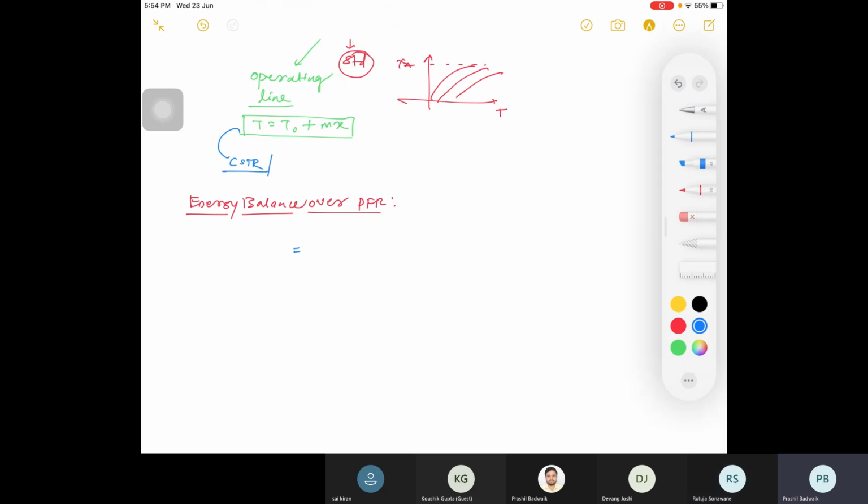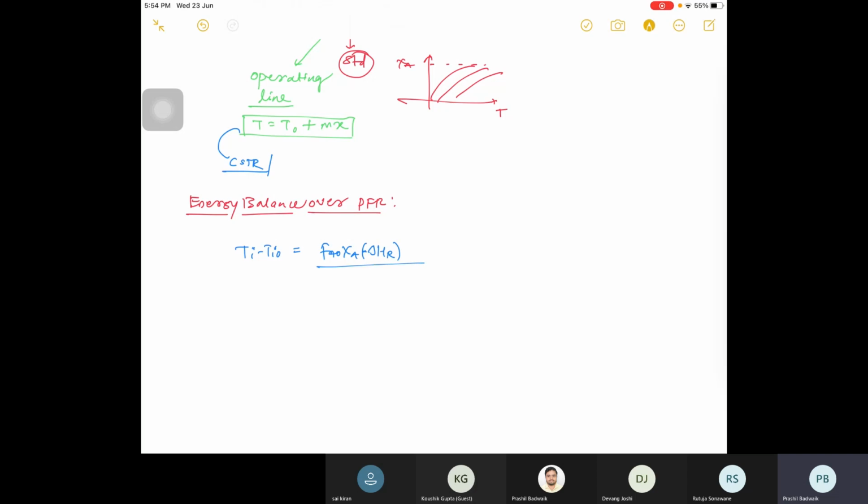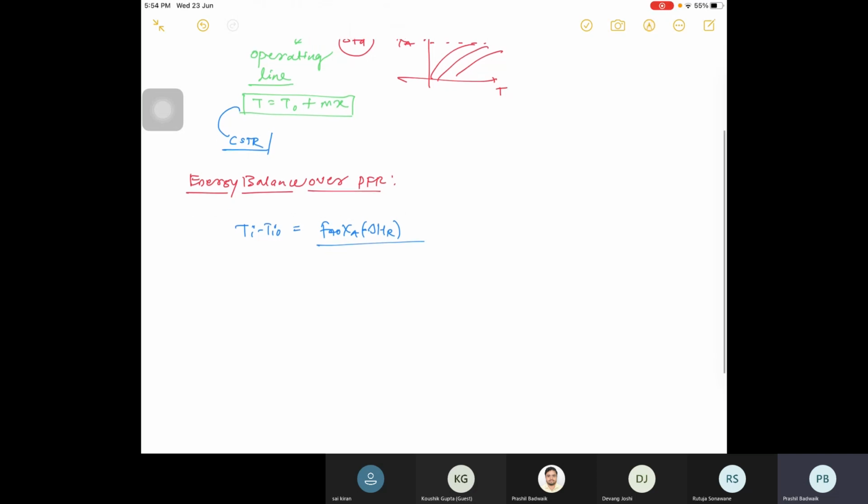So you will have T minus T naught is equal to what is converted, that is F_A naught into X_A into minus delta H reaction, divided by the total energy in, which is F_i naught into C_P_i mean.